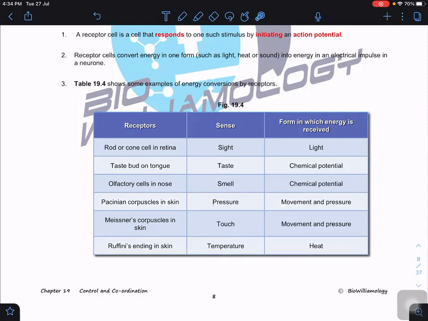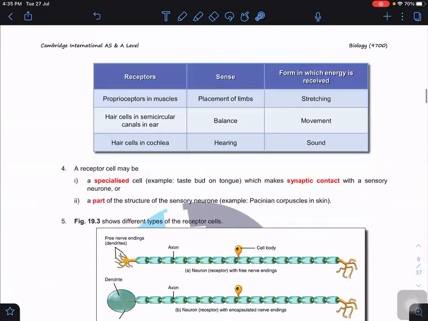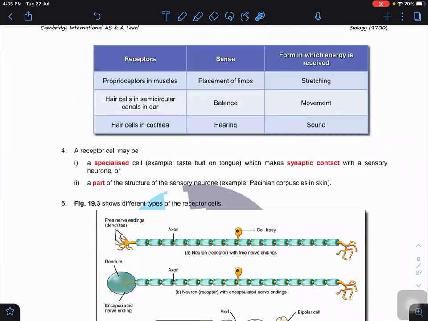We're going to look at a few receptor cells and how they generate the receptor potential later. We do have some others: for the balance, for the hearing, and also the proprioceptors for the placement of the limb, the stretching. Those are the receptors in our cells.